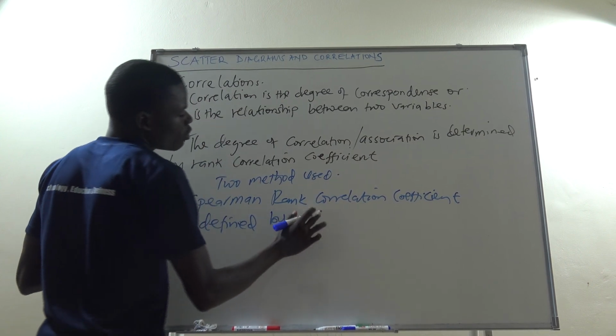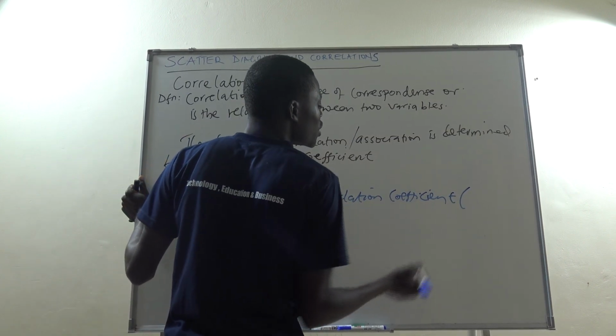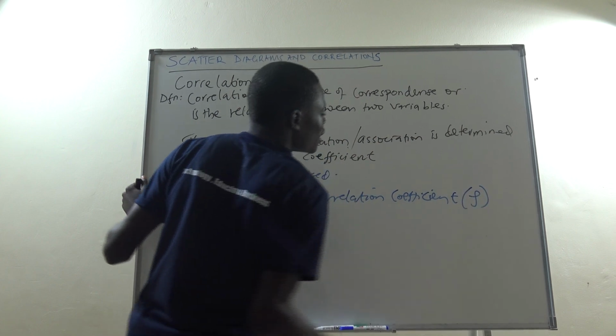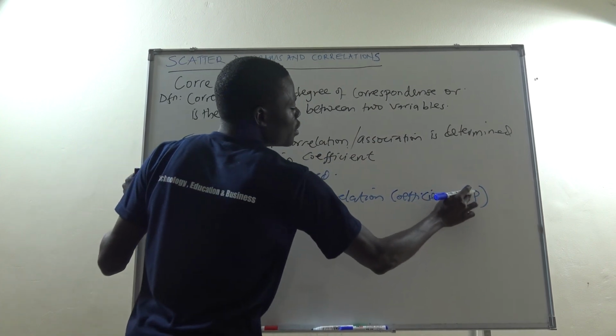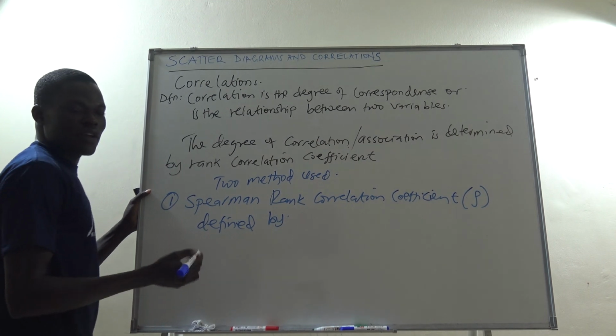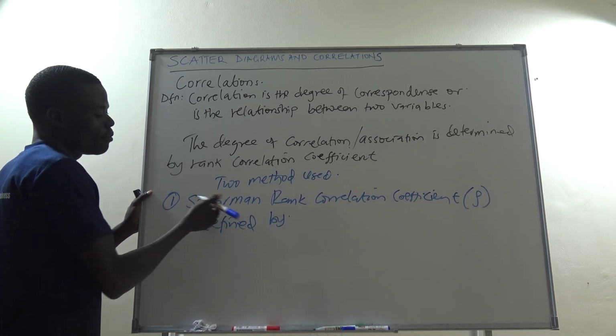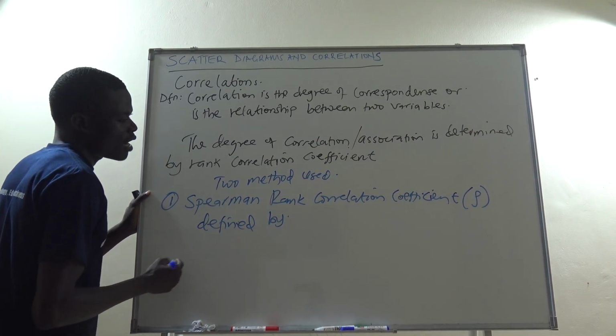It is denoted by sigma. So whenever you have sigma, that means Spearman's rank correlation.